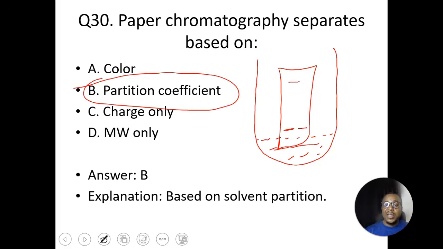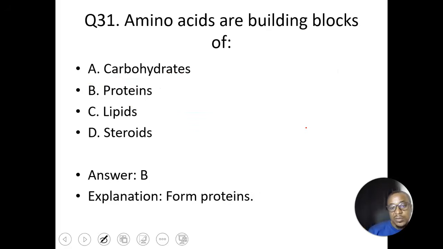So you see that it is based on the solvent partition. The molecule to be separated must be able to dissolve in that particular solvent of choice.